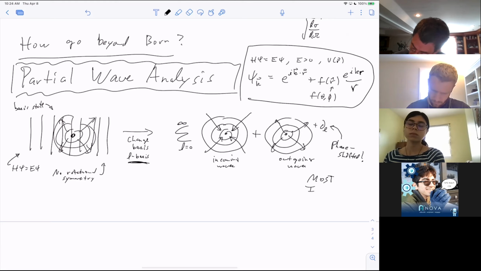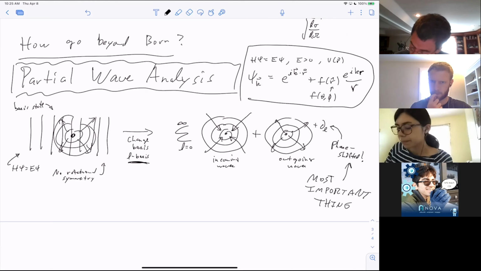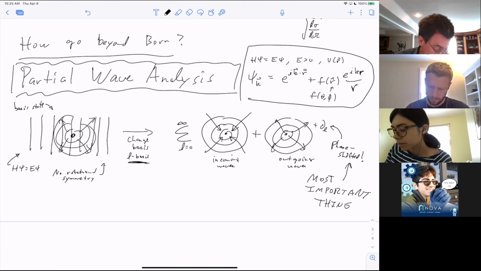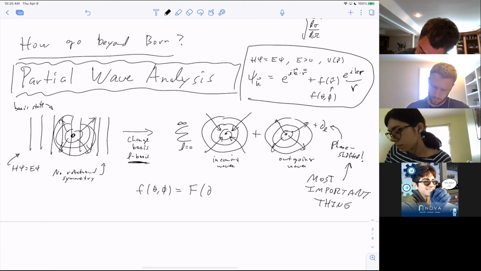Who would have thought that? When you first see this, it's just like, what? Because it's not obvious at all that the phase shift would be the most important thing. But it turns out that you can write your scattering amplitude, f of theta phi, as some weird function of the phase shifts.